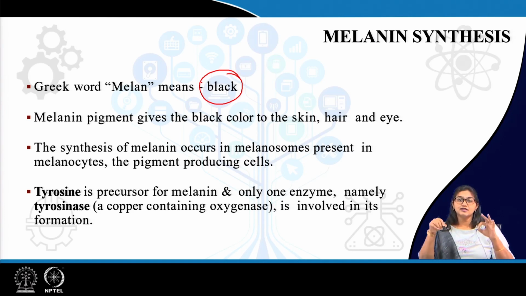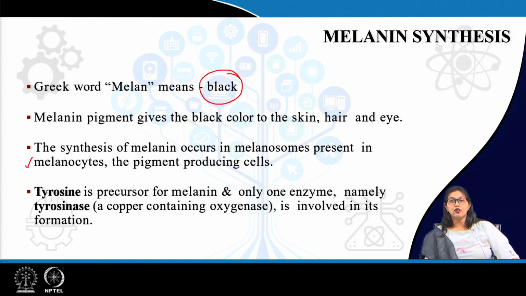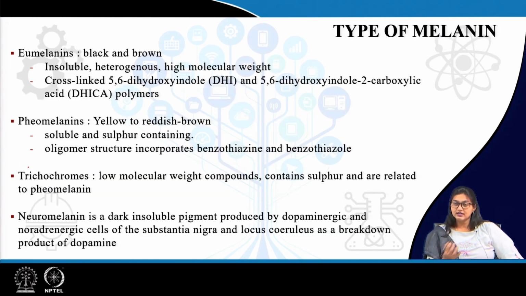Now, the synthesis of melanin is from tyrosine, and occurs in melanosomes, which are present in the cells called melanocytes. So, these are the melanin synthesizing cells. Definitely tyrosine is the precursor molecule and the important enzyme is known as tyrosinase. So, let us see how melanin is synthesized.